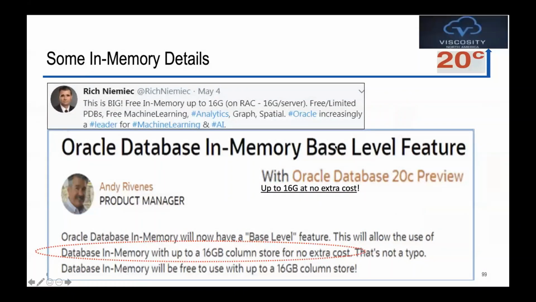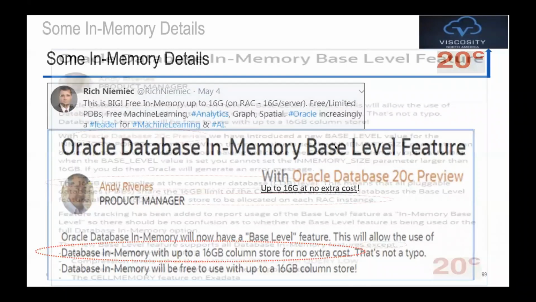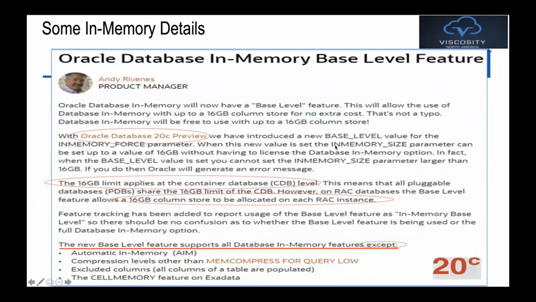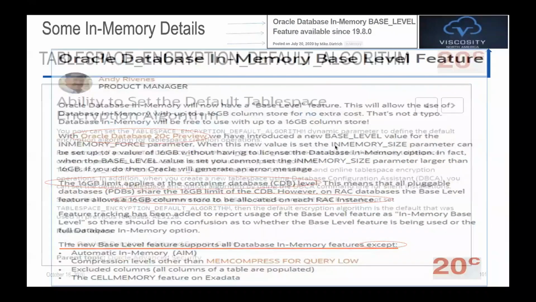But the base level feature now, 16 gig, no extra cost. And here's just a little bit more on it. And just to let you know, now available in 19.8. So in 19C, I could also get this free 16 gig in-memory base level. Isn't that nice?